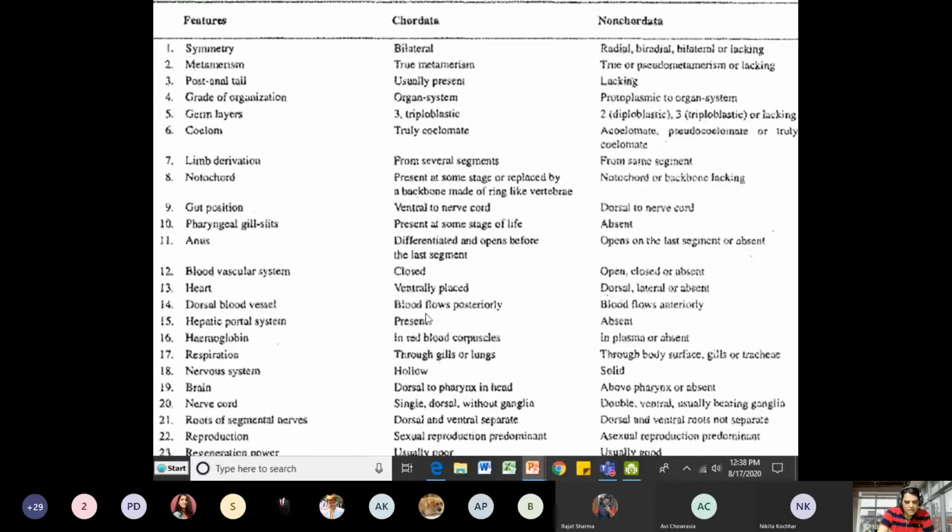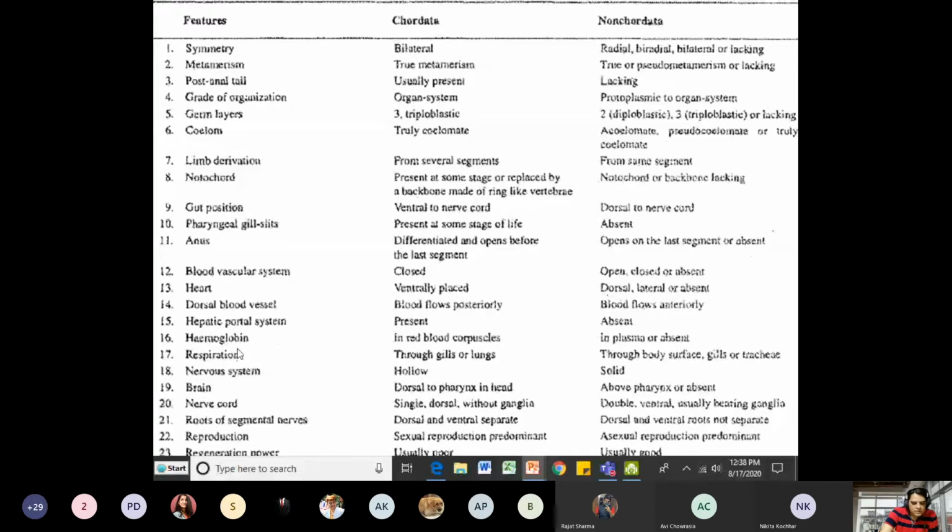Dorsal blood vessel: blood flows posteriorly, so this shows the direction of blood. In chordates it flows clockwise; here it flows anti-clockwise. Hepatic portal system is present in chordates. With this system, the animal absorbs nutrients effectively in the liver, whereas it is absent in non-chordates.